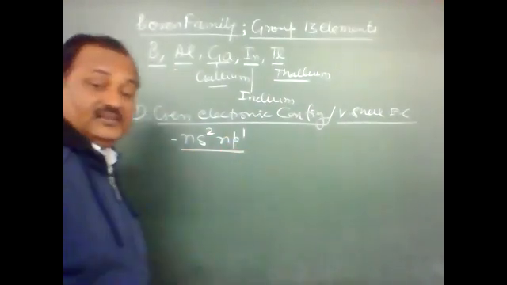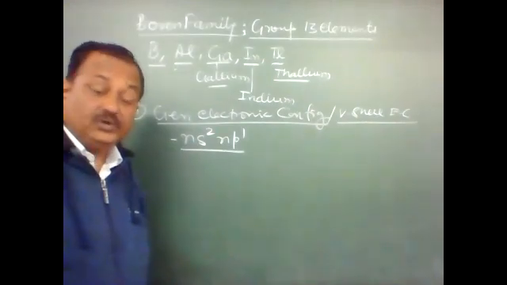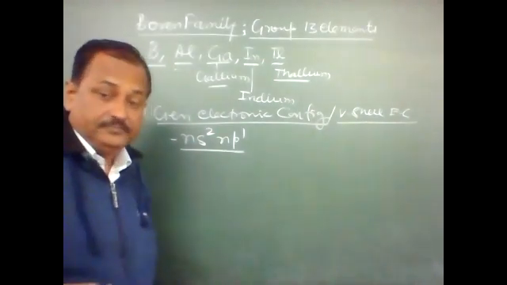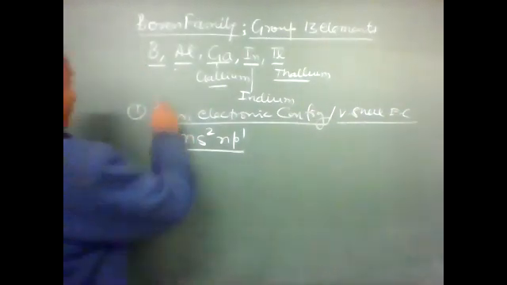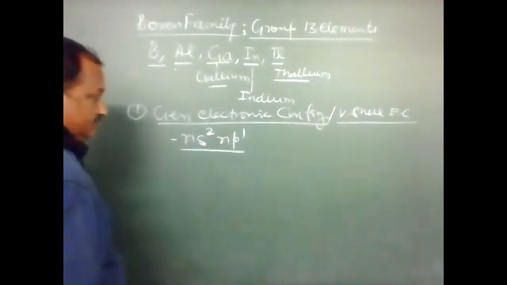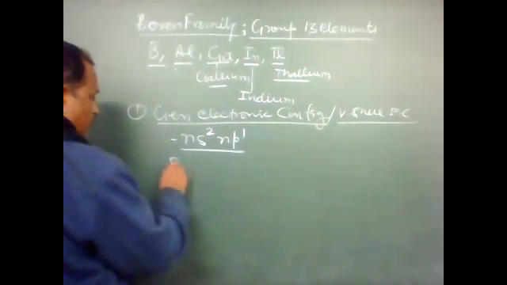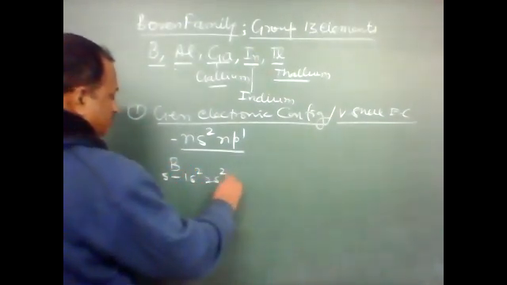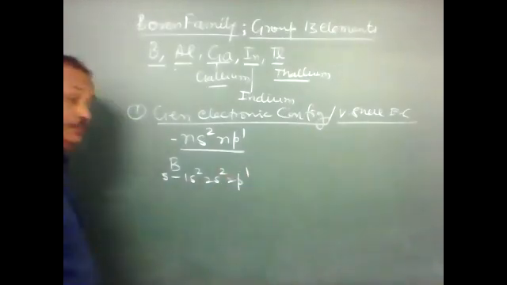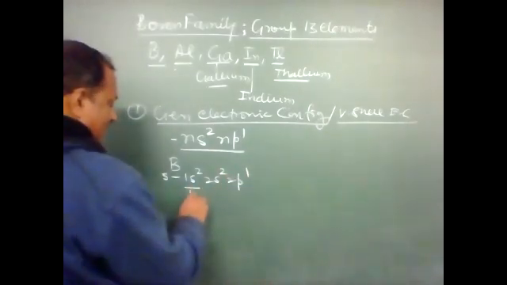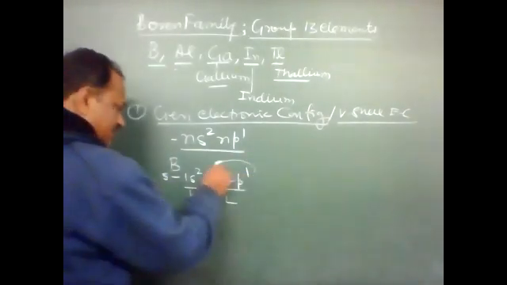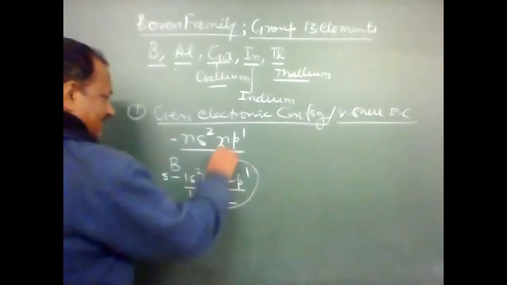General means generalized form. In the case of boron, atomic number 5, the configuration is 1s2, 2s2 and 2p1. This is the K shell, this is the L shell.